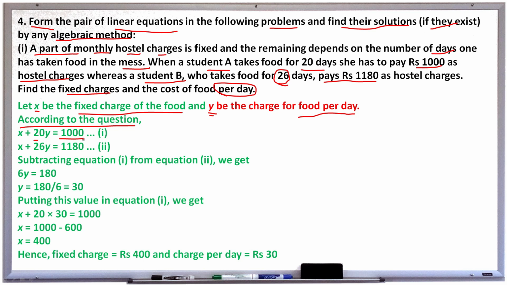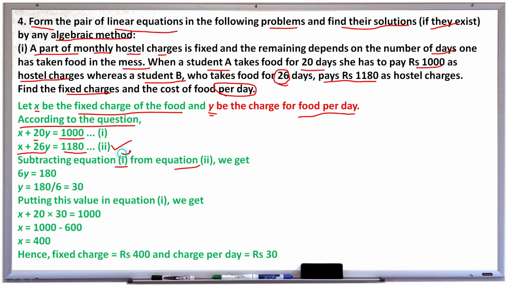It is given in the question itself. Second condition, the student B, 26 days he takes food. So x plus 26y, the total amount he pays, 1180.